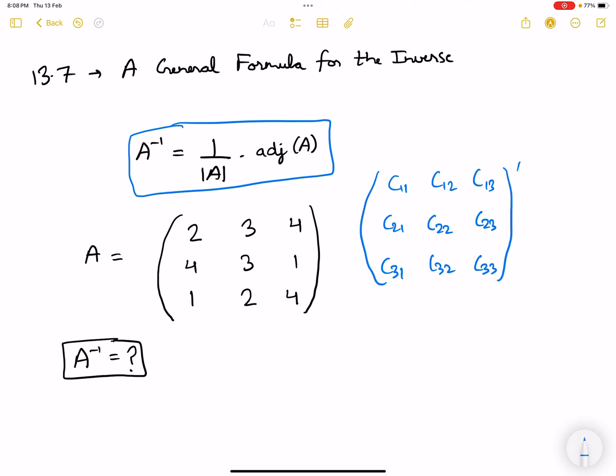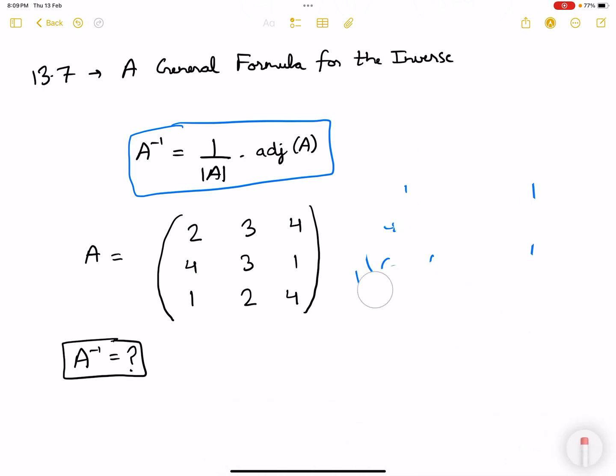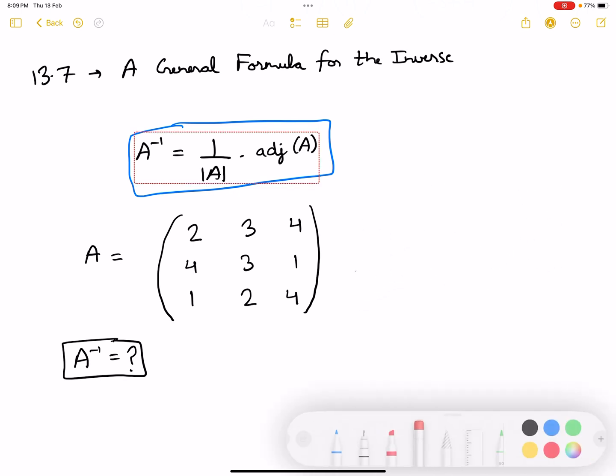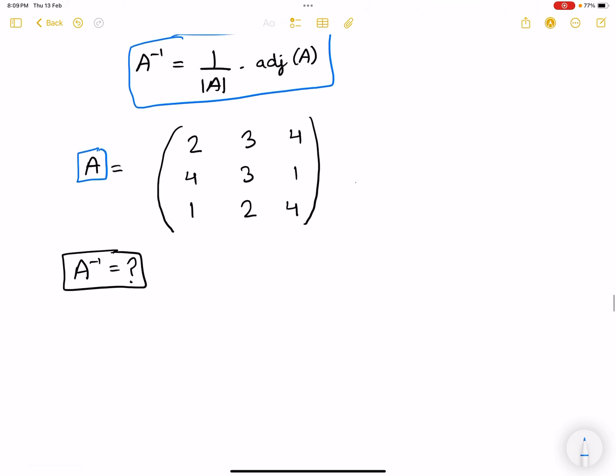So 1 by determinant of A, and this would give us the adjoint of A. Okay, now moving forward, suppose a matrix A is given to you and you are supposed to find A inverse. So A inverse would be 1 by determinant of A into adjoint A.